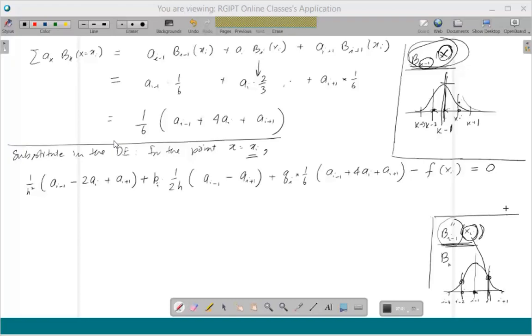So this is your equation and this would hold at each point. So how many points do I have now? Can anyone tell me how many such equations will be obtained?